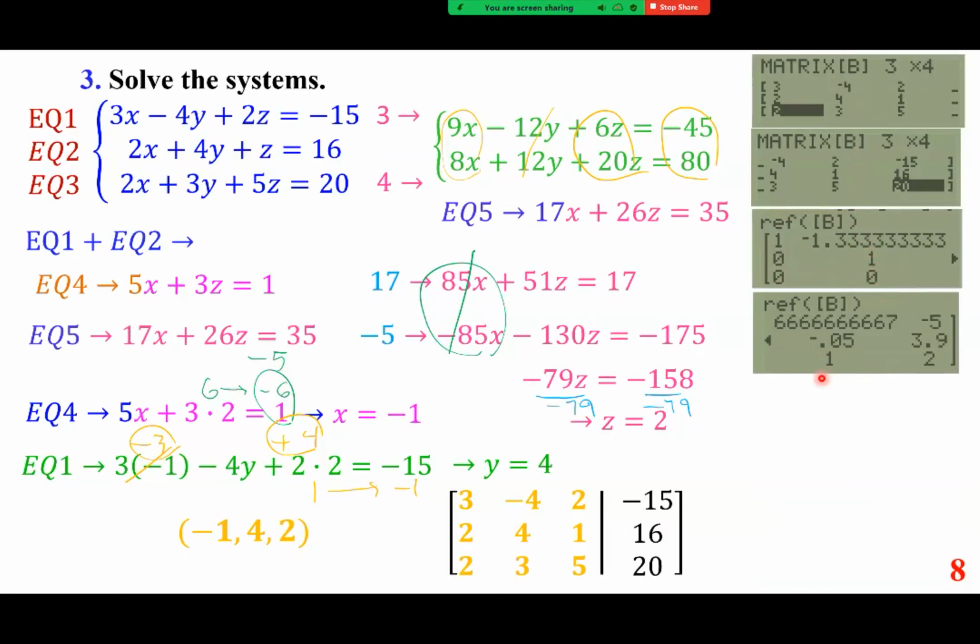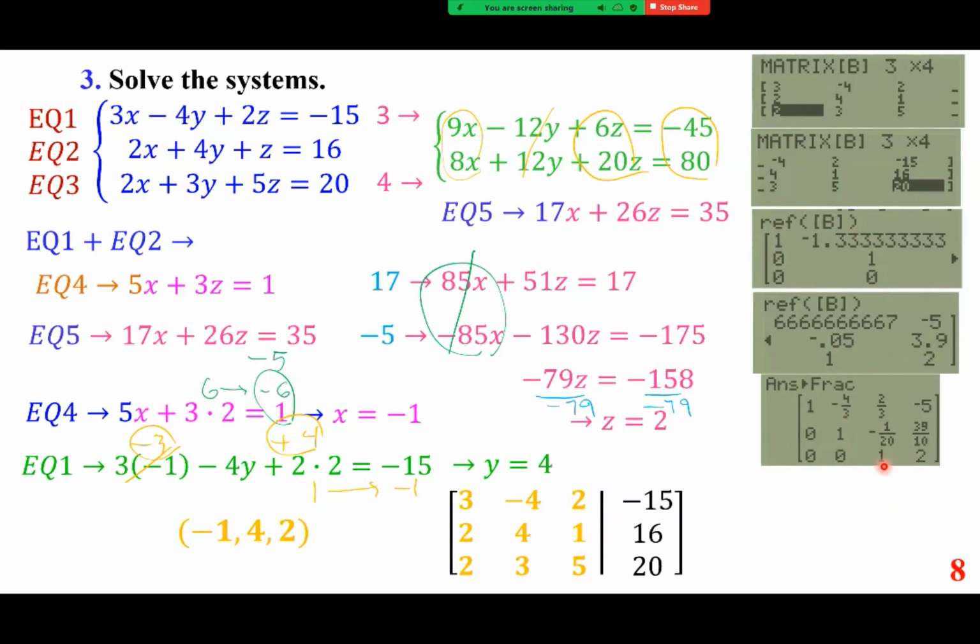And when you go to the third column, again, this is 1. And you can change the answer to a fraction. After REF, row echelon form, has been performed, this augmented matrix changes to this matrix.